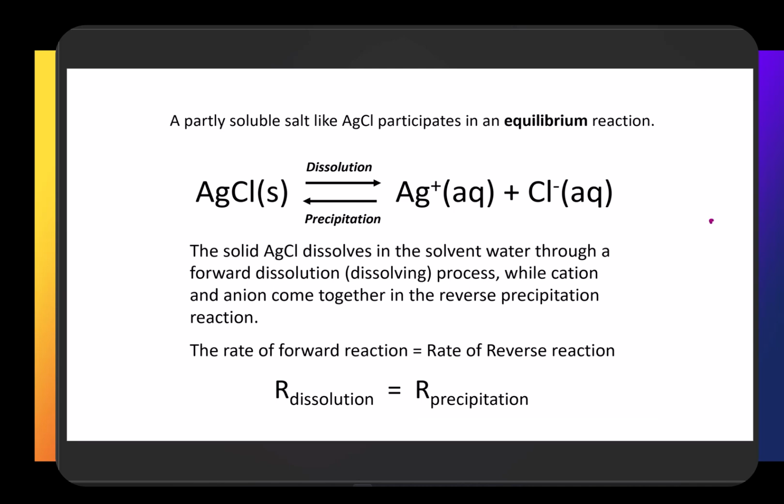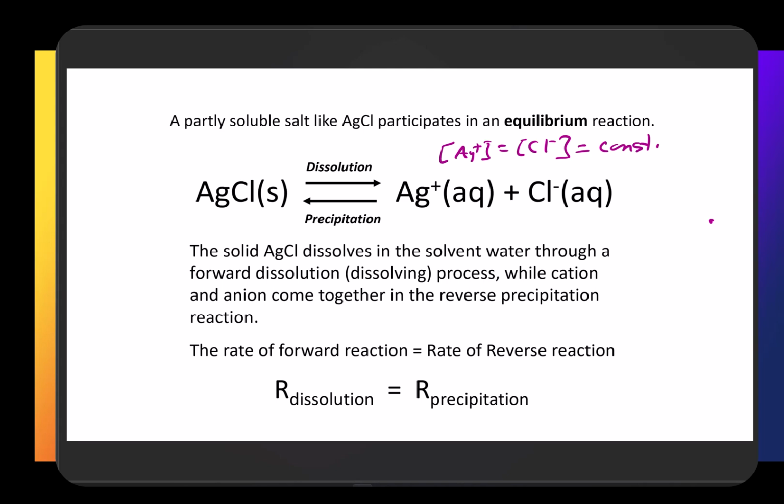And these concentrations, silver ion and chloride ion concentrations, are equal, representing the dissolved ions. That's going to equal a constant. Remember, one of the criteria for equilibrium is that the concentrations are constant with time. So once the equilibrium sets up, for some of these salts that dissolve in water, the equilibria could require weeks to actually set up.